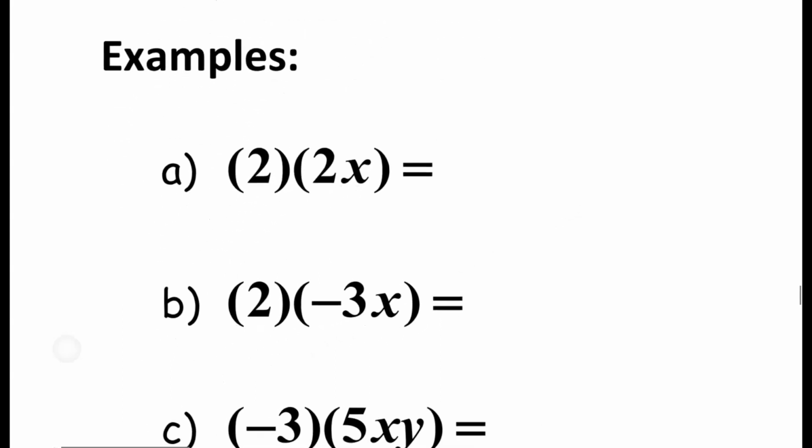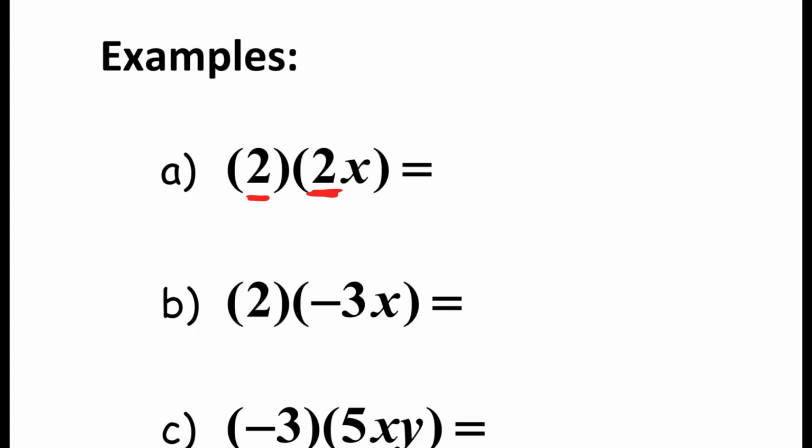In the example below here, so example A, we have 2 multiplied by 2x. So we want to first multiply the coefficients. Remember, the coefficients are written in front of the variable. So we have our coefficient here, and we're also going to be multiplying it by this.